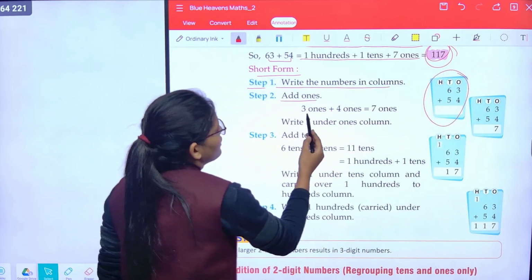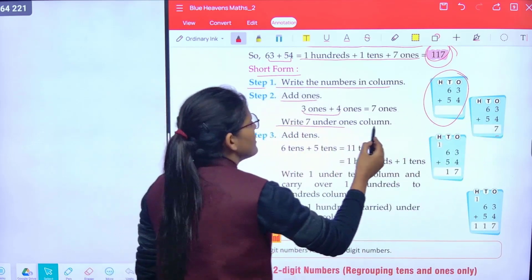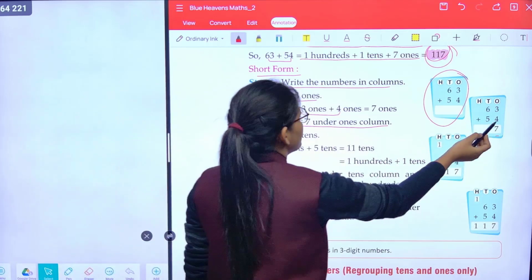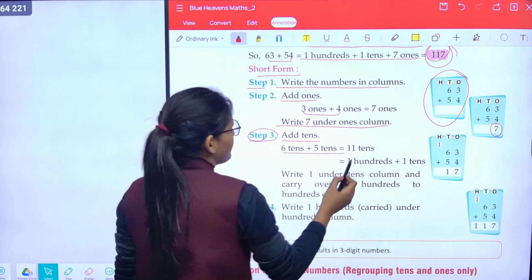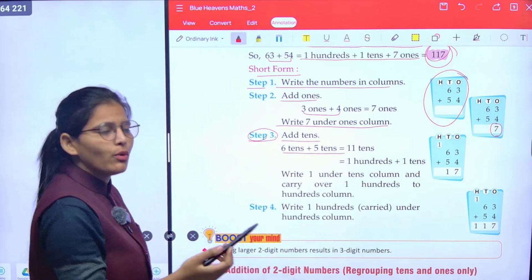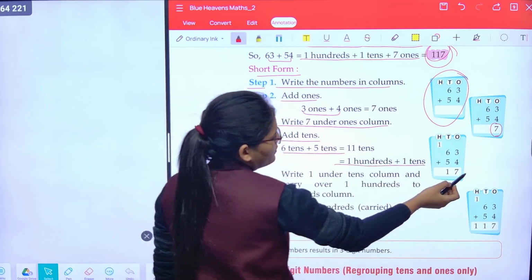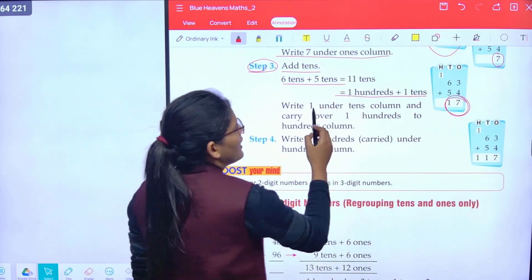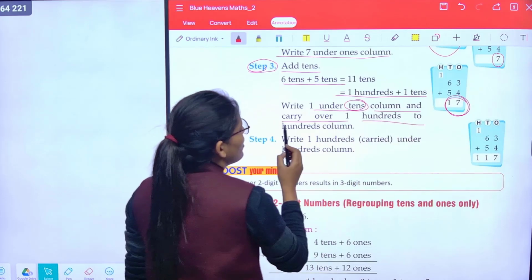Okay. Now short form. Step 1, write the numbers in column like this. Step 2, add ones, 3 ones plus 4 ones, 7. Write 7 under the ones column. Now step 3, add tens, 6 tens plus 5 tens is equal to 11 tens, 1 hundreds plus 1 tens. Write 1 under the tens column and carry over 1 hundreds to the hundreds column.